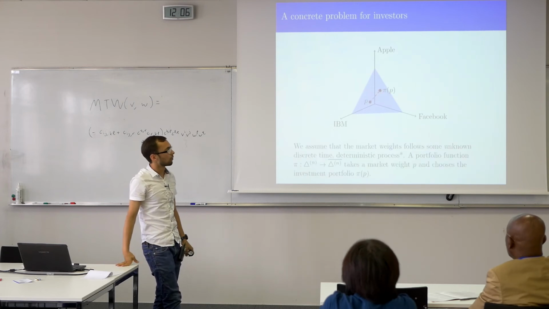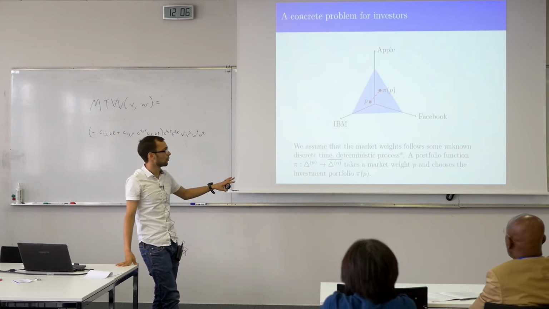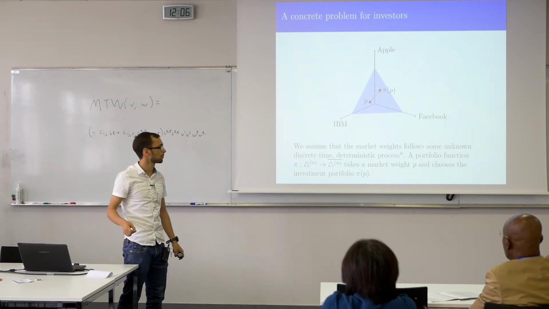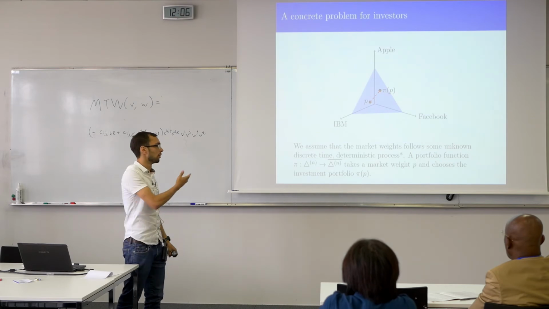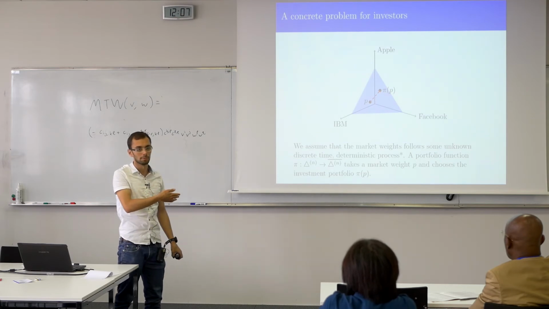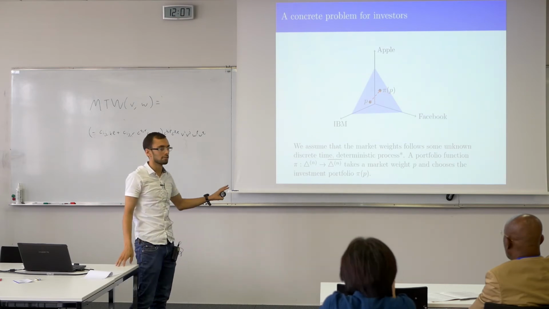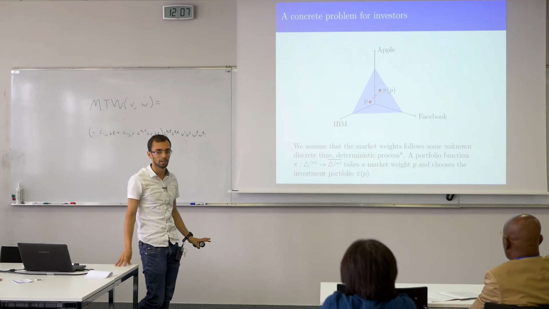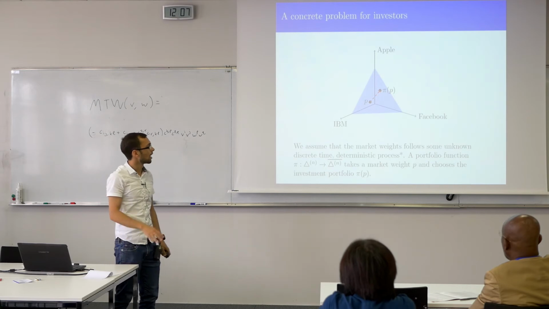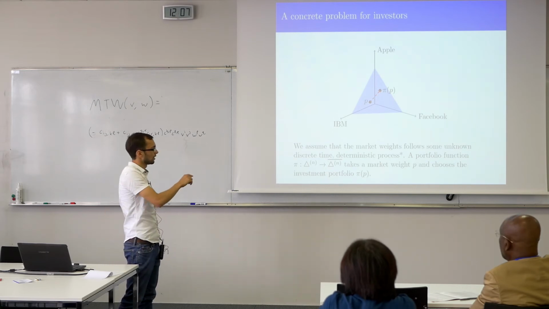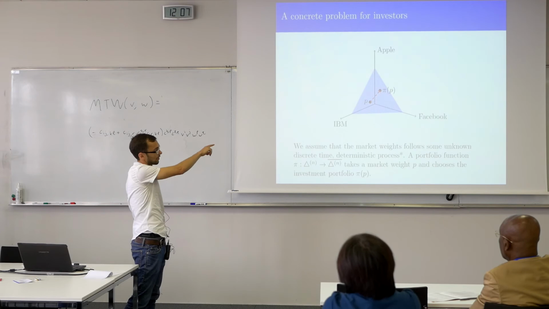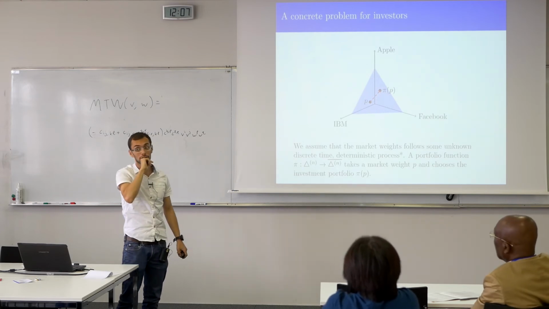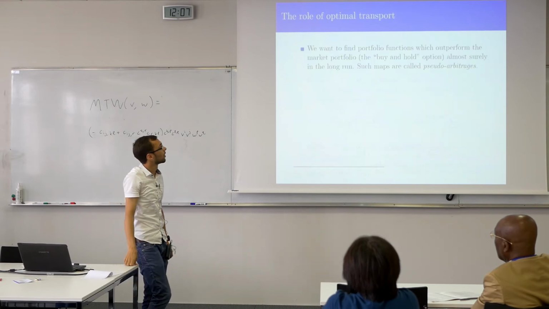What we're going to assume is that the market weights follow some unknown, discrete, deterministic process. We don't know what the process is, but we assume that it's set out. There are two technical assumptions which I'm not including here. And then a portfolio function is something that takes the current state of the market and tells you what your investment strategy should be. Okay.